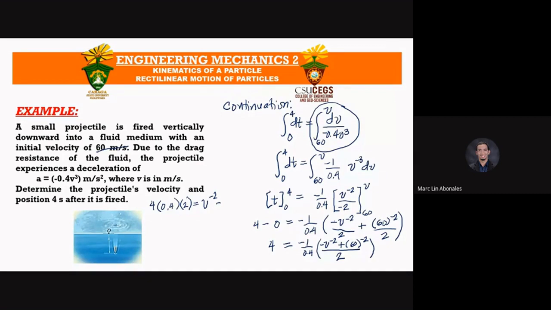What is the answer in fraction? Yes, that is 1 over 3,600. Actually, 1 over 3,600 or 2.78 times 10 to the power of negative 4, according to Gera in the chat box. Okay?